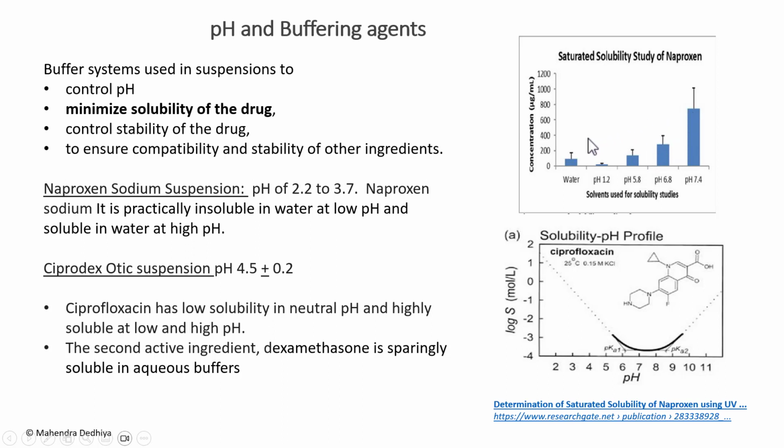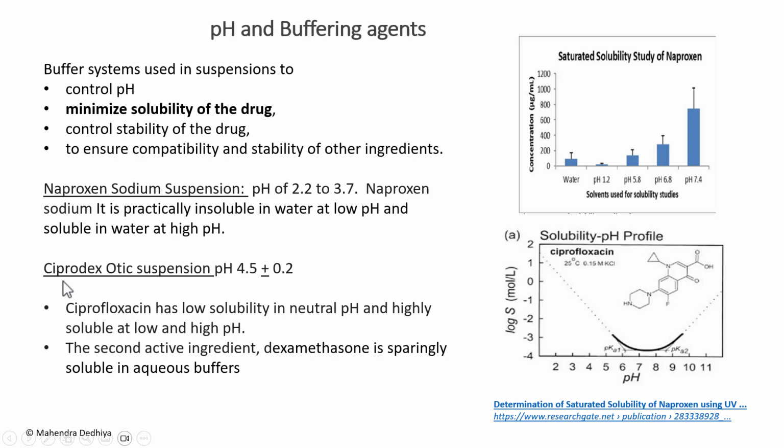So in order to make a suspension, we can lower the pH to this range, between 2.2 and 3.7, and it would have very low solubility. As it's administered, a pH of 6.8 is attained in intestinal fluid. Naproxen sodium will dissolve and be available for absorption. So this is the principle used in naproxen sodium suspension.